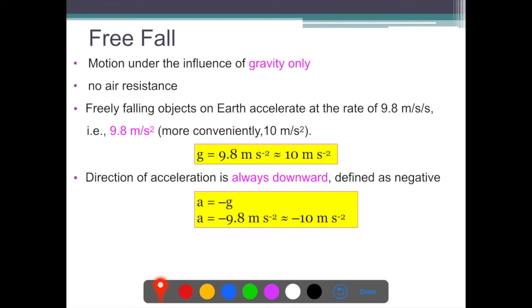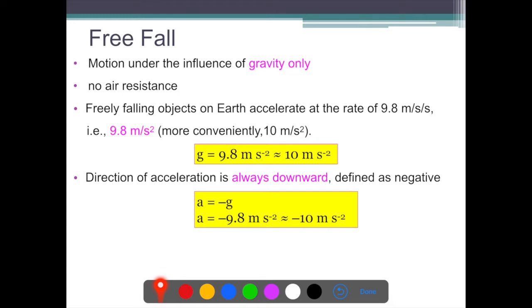So under free fall, the acceleration of the object is constant, and we indicate that by the variable g. So the constant acceleration under free fall is g, and that's equal to 9.8 meters per second squared, or to make calculations more convenient, we can round that to 10 meters per second squared.